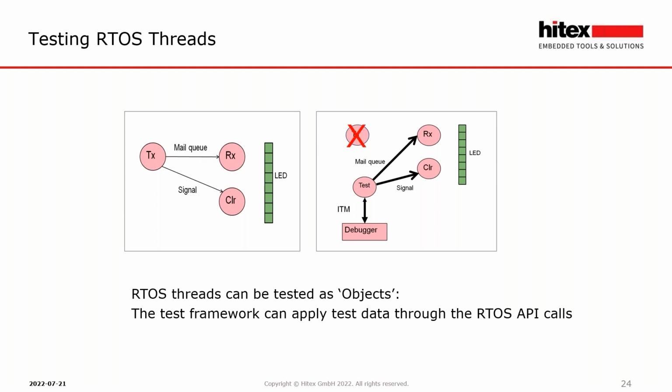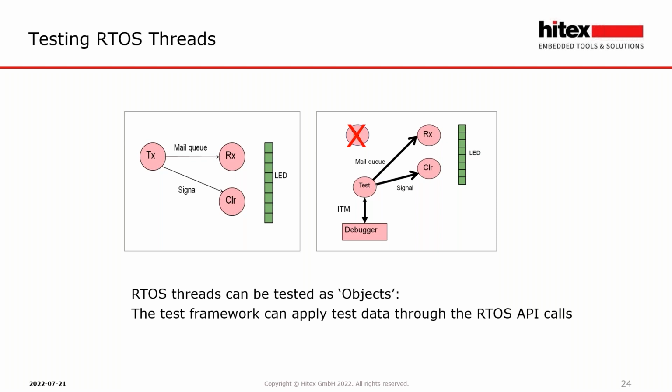So for example, we have 3 threads: a transmit and receive thread, and also a clear thread. The transmit thread is sending a pattern through a mail queue to the receive thread, which is then writing that pattern to an LED port. When we want to clear it, the transmit thread is sending an RTOS signal to the clear thread, which will then switch off all of the LEDs.